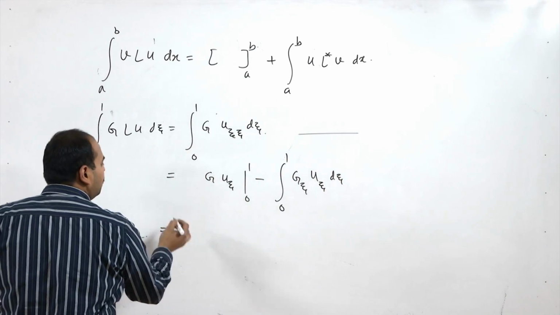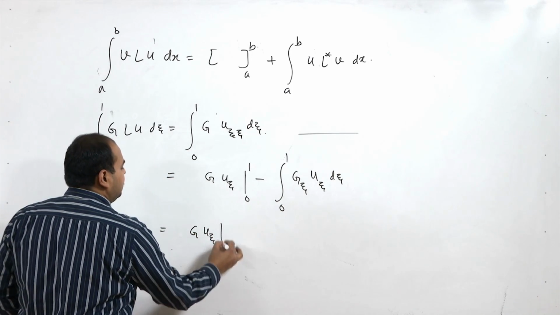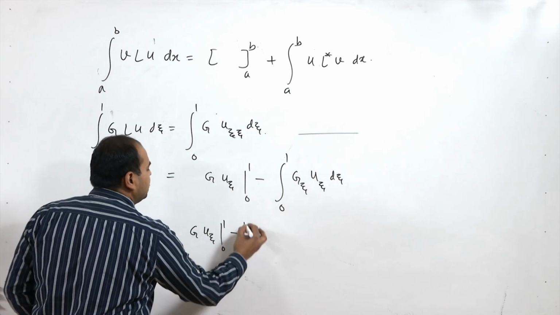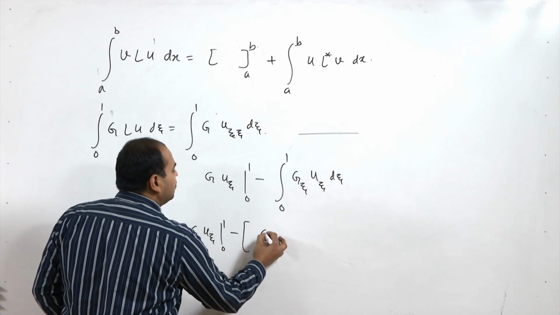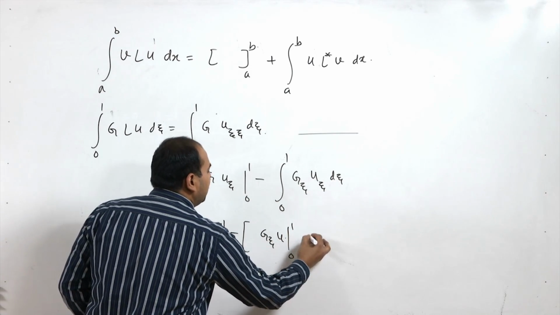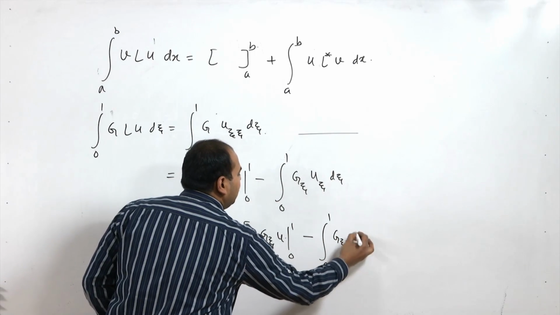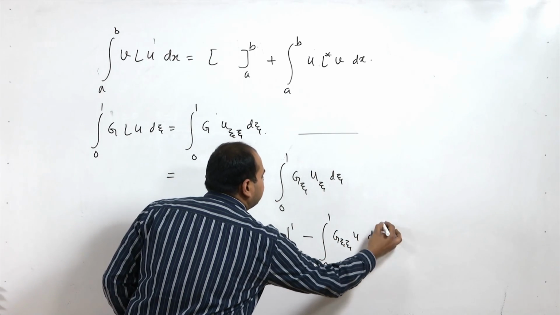If we perform one more time integration by parts, you will get g u' from 0 to 1 minus, here if you do, g' u between 0 to 1 minus the integral from 0 to 1 of g'' u d xi.